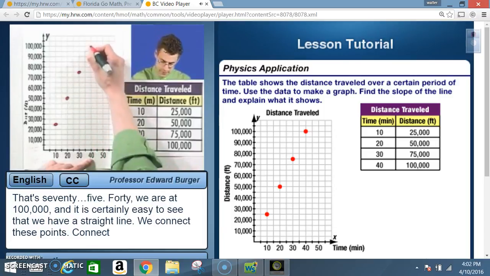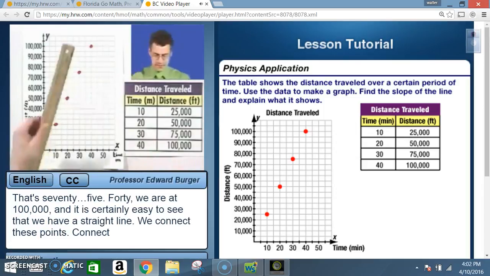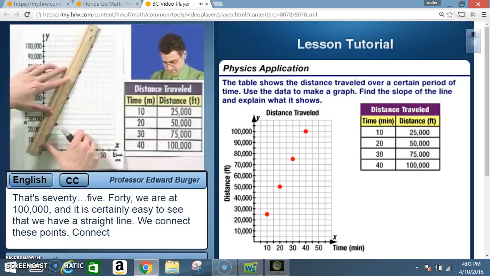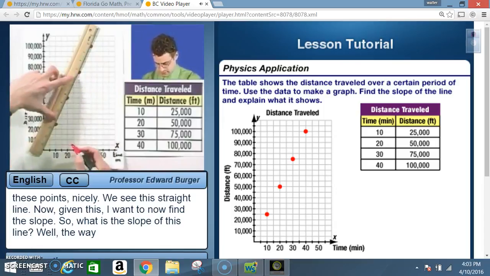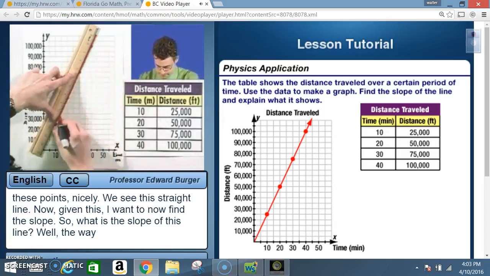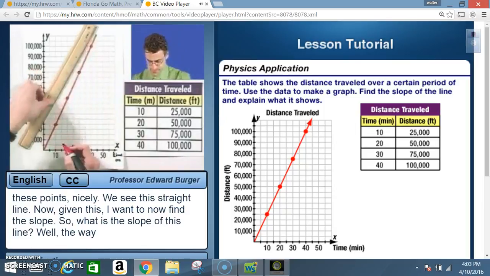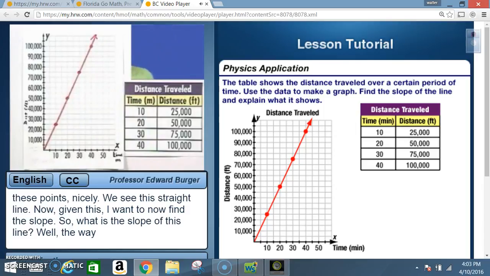Wow. And it certainly seems like we have a straight line. We connect these points very nicely. We see this great straight line.